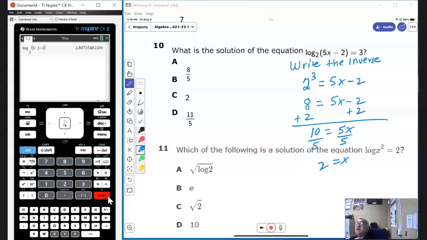Oh, I see what I did wrong. So log base 2, 5 times 2 minus 2. And that gives you 3. Okay, so remember, for this type of problem, you need to write the inverse, which is the exponential form.